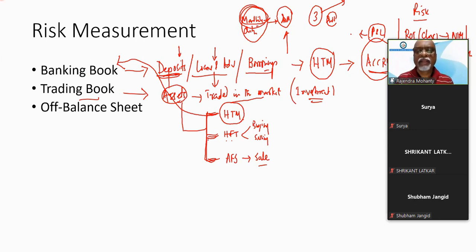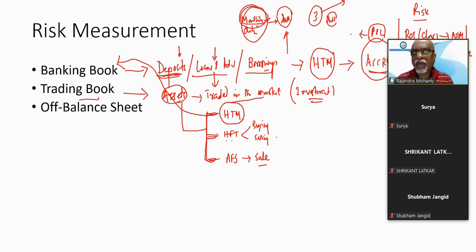Now, these two, HFT and AFS, will be in the trading book. Now we understood this. HFT means both buying and selling are possible. AFS means only sale will be allowed here.